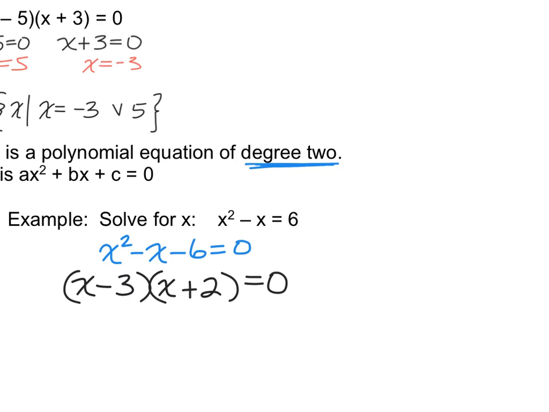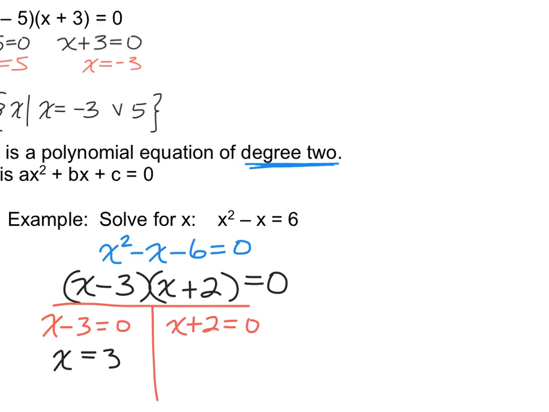All right. Then take each of your factors and set them equal to 0. Some people make a little t-chart, just to keep it organized. X minus 3 equals 0. X plus 2 equals 0. Add 3 to both sides, x equals 3.